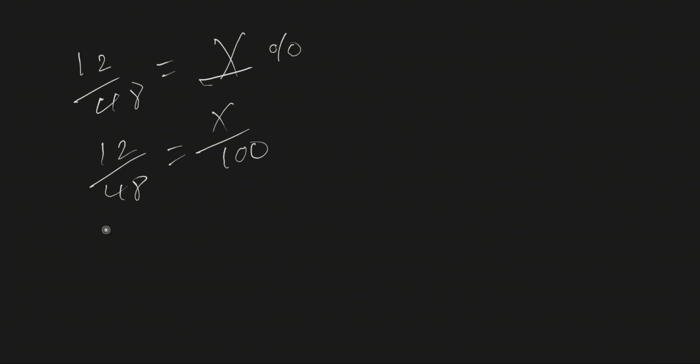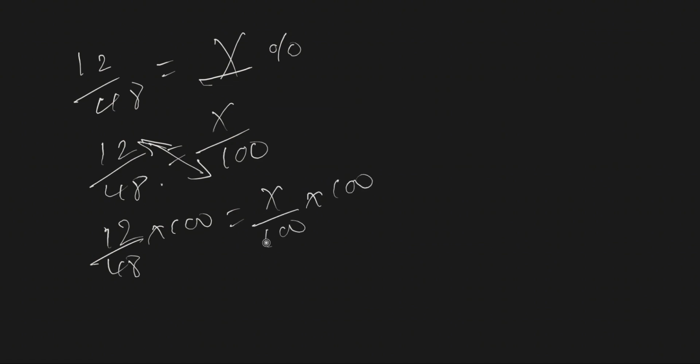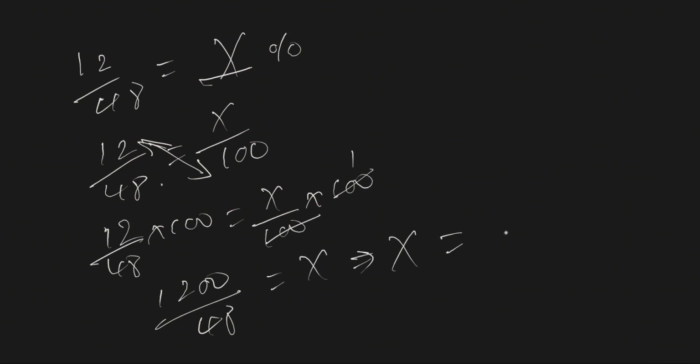We'll multiply both sides by 100, or we can also cross multiply, which is again the same way of saying multiply both sides by 100. So we have 1200 divided by 48 equals X, and this will give us X as 25. So X is nothing but 25.